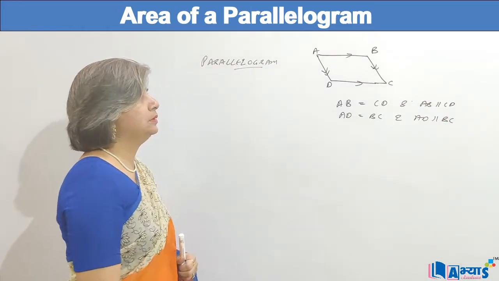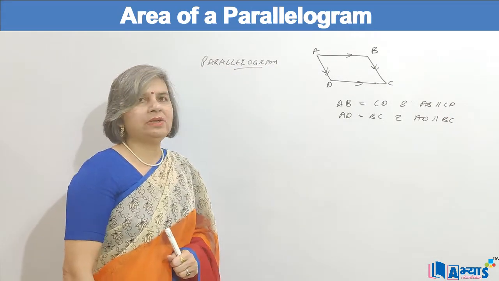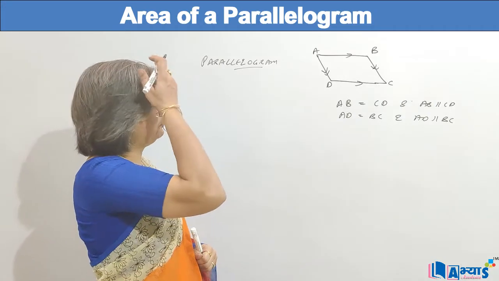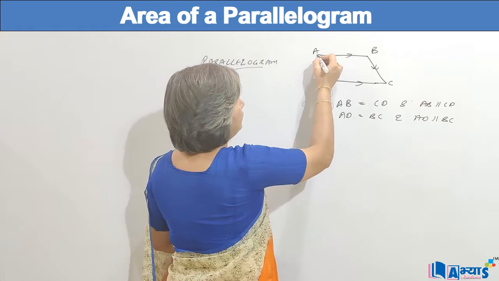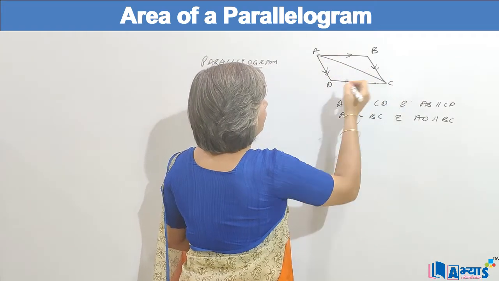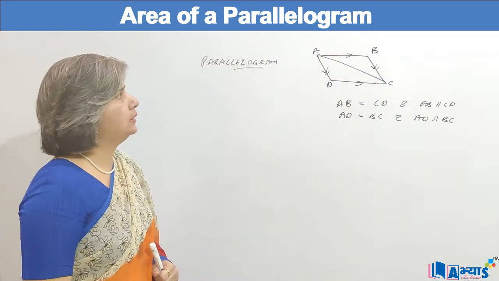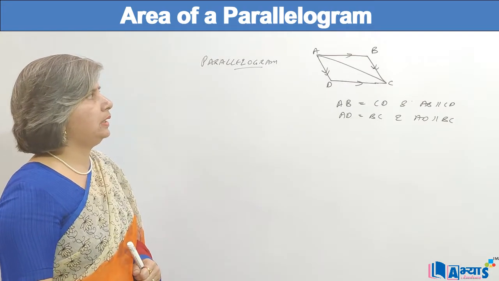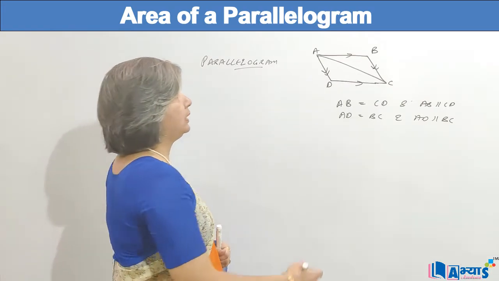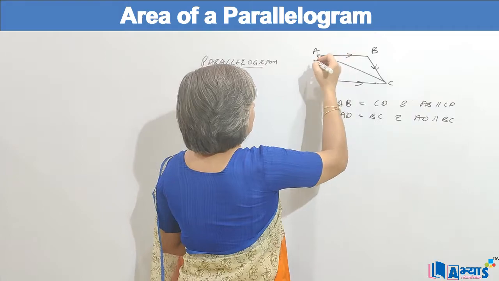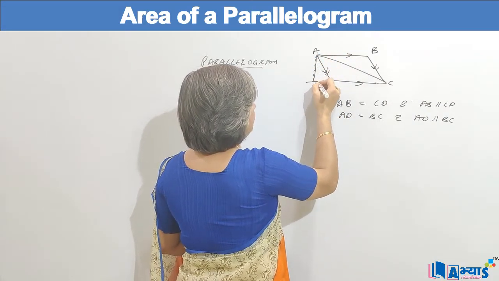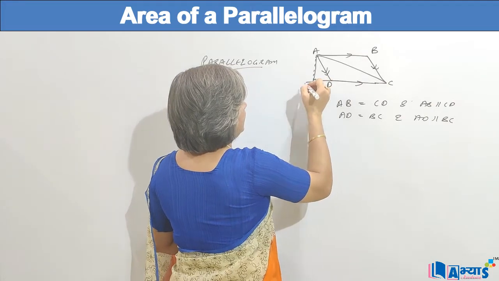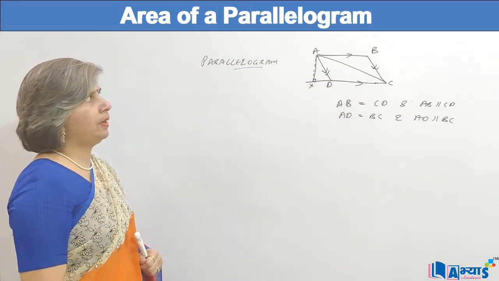So this is a parallelogram, and when we are supposed to find the area of a parallelogram, we can analyze that a parallelogram can be divided into two triangles. If the two triangles are ABC and ADC, both the triangles have the same height. That means this is the height when the line is extended, AX. So AX is the height of the parallelogram.